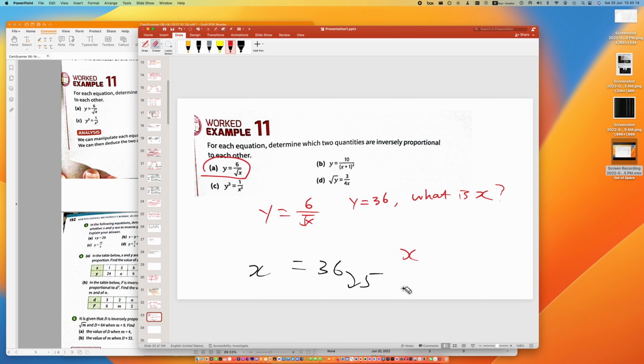Square root 36 is 6. Okay, positive 6. So take the positive 6. Then what about cube?